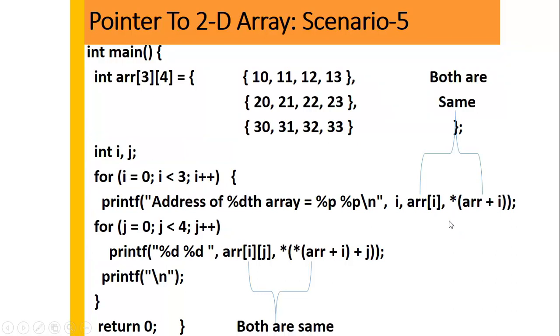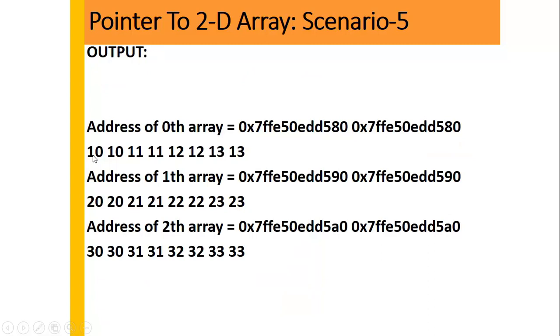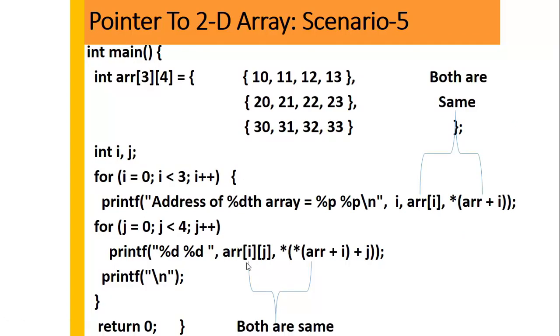And in the second line, if you look at the output, there are 10, 11, 12, everything printed twice. The first has been printed by ARR[I][J] in square brackets, and the second value is printed by *(*(ARR + I) + J). This is how we can use an array as a combination with a pointer, and we can handle the array in terms of pointers as well.